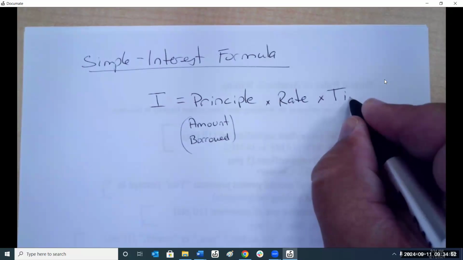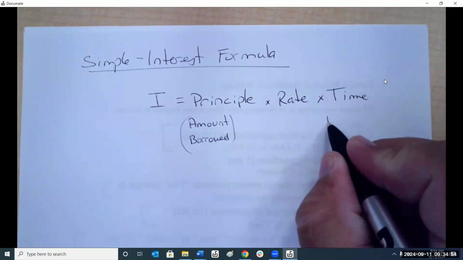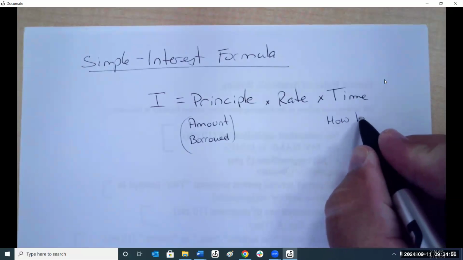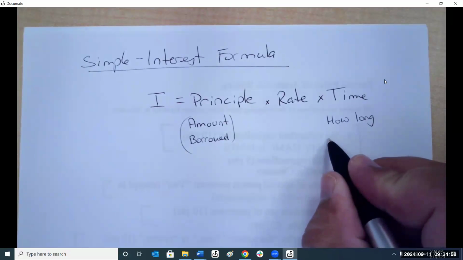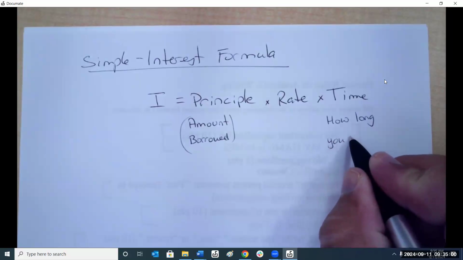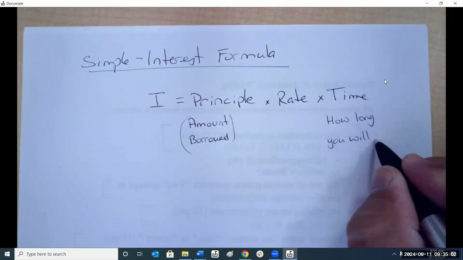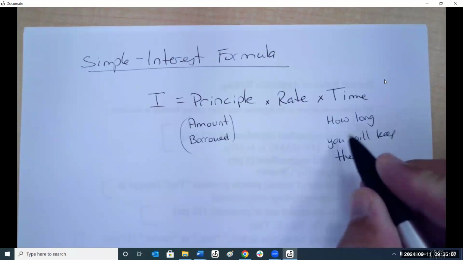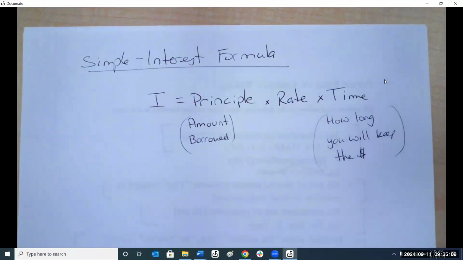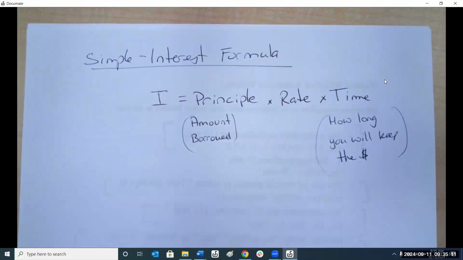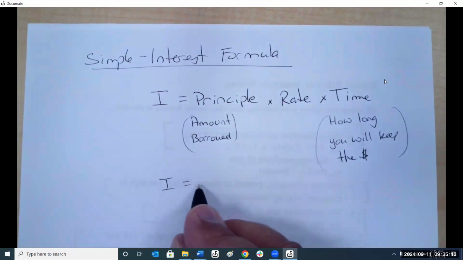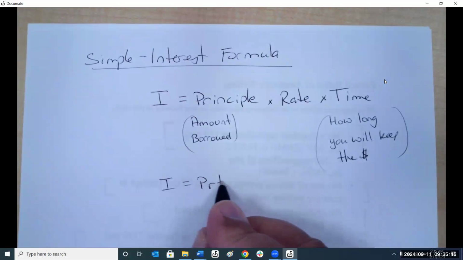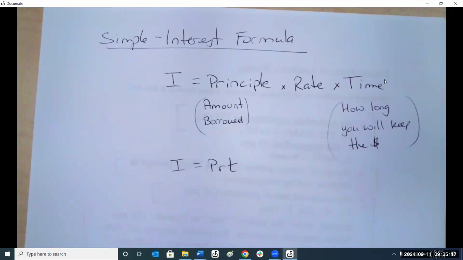Times time. How long you will keep the money. So you pay me back. So interest equals PRT. That's simple interest.